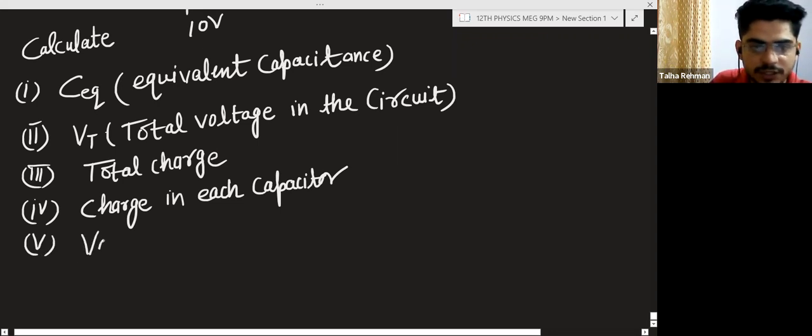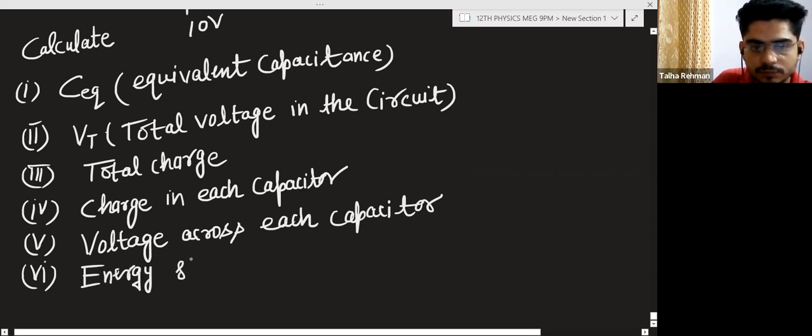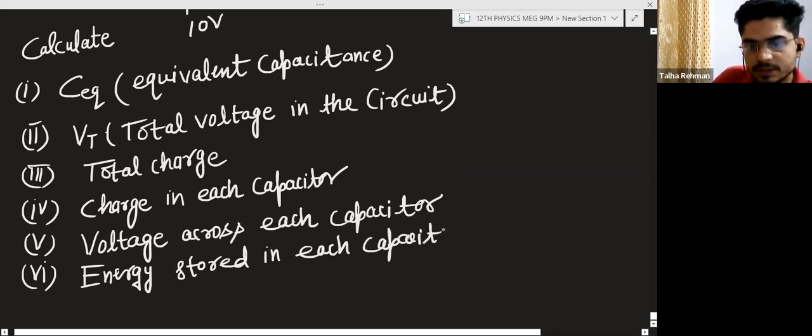Fifth, voltage across each capacitor. Sixth, energy stored in each capacitor.